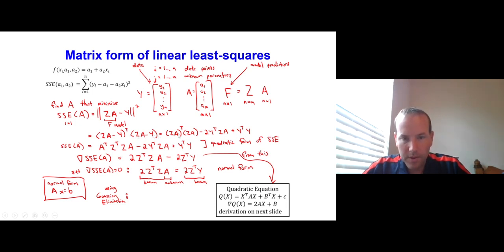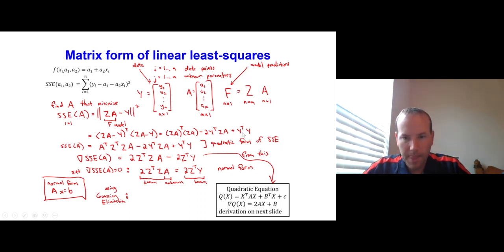Then we use FOIL on this polynomial: ZA transpose ZA, minus the middle terms multiplied together, plus the last terms multiplied together. And that's equal to the sum of squared errors.